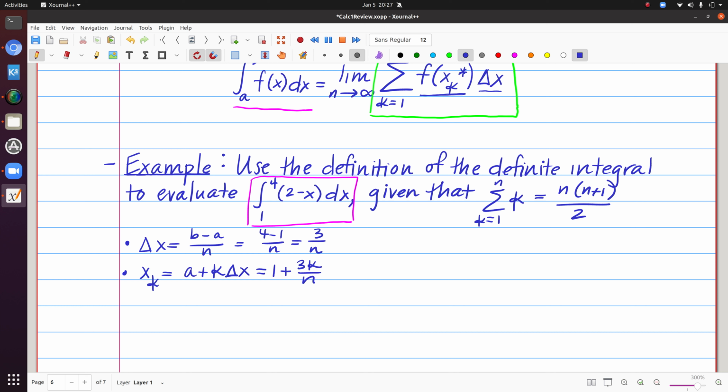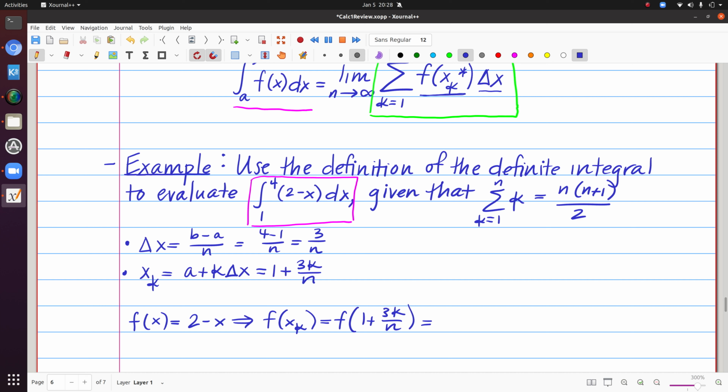What is f here? Well, f of x is the integrand, we call it, the function 2 minus x. So if f of x is 2 minus x, we want to find f of xk, or f of 1 plus 3k over n.